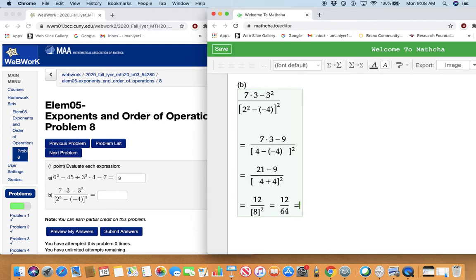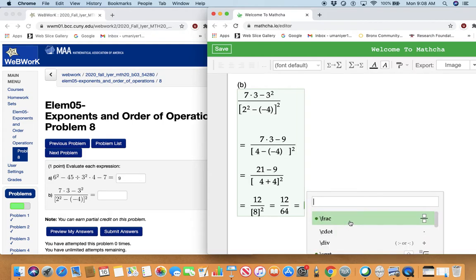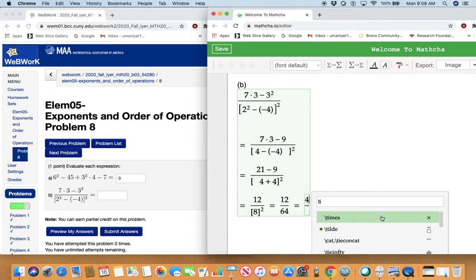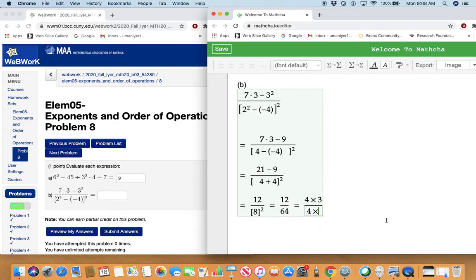Okay, you can reduce, mind you. Look at 12. It is 4 times 3. Look at 64. It is 4 times 16. So 4 is a common factor. So they cancel. You're left with 3 over 16.